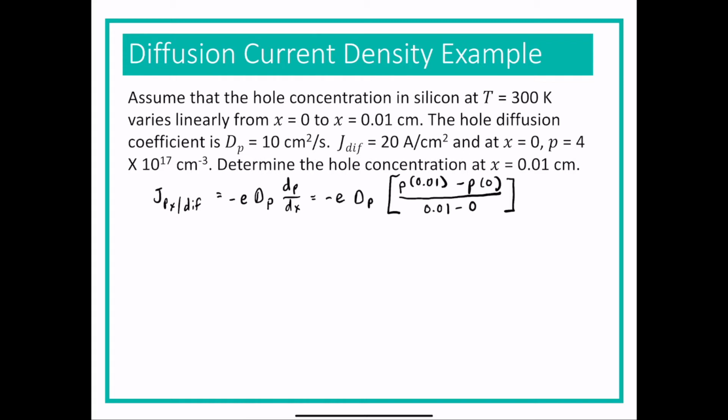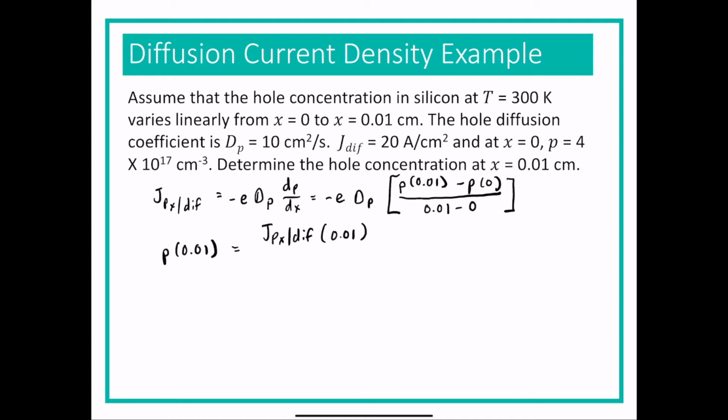So what this means is the number of holes at 0.01 centimeters, and I'm just doing algebra, but I'm doing it all at once, not in little pieces. So the diffusion current density is going to be multiplied by what was on the bottom of that equation. So we get 0.01 minus 0.